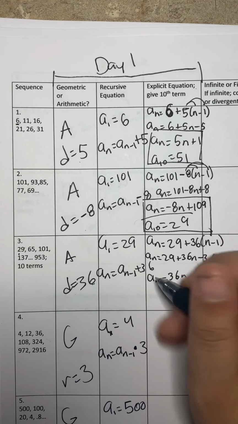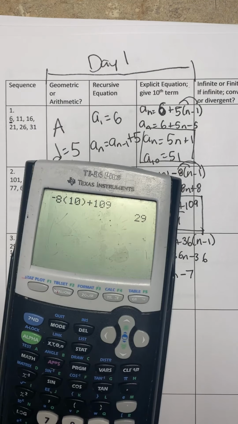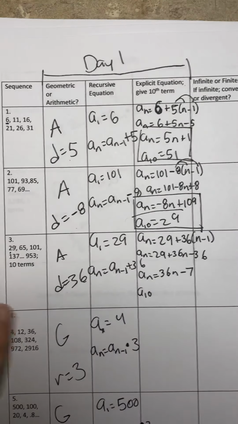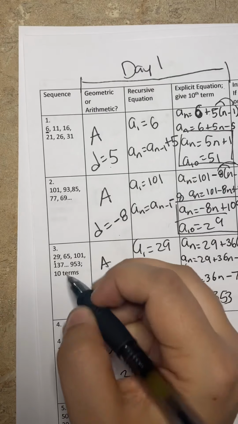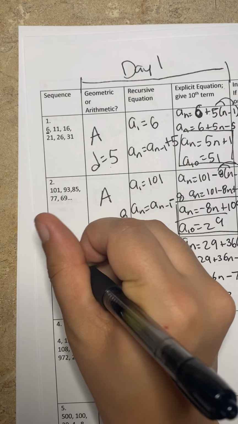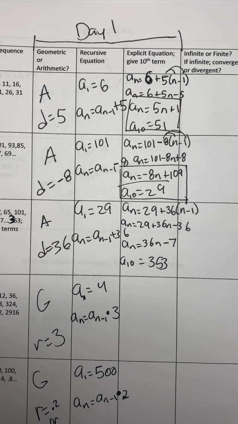And then our a sub 10, we just plug in 36 times 10 minus 7 to give me 353. Also, on this one, this is a typo. That's supposed to be 353 as well on number 3. Okay. So that's number 3.